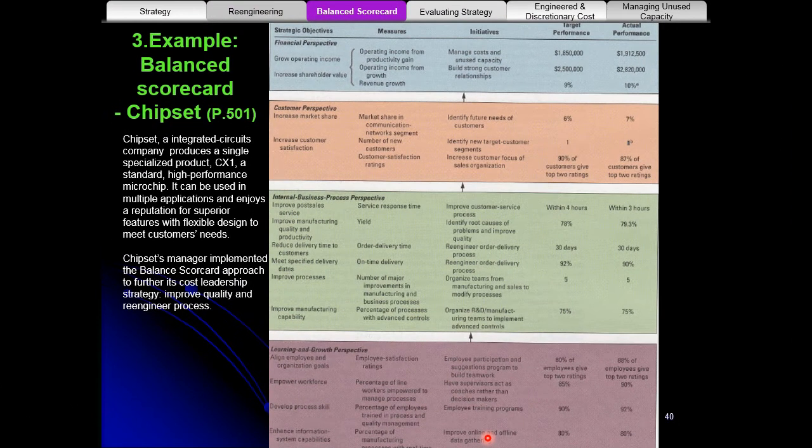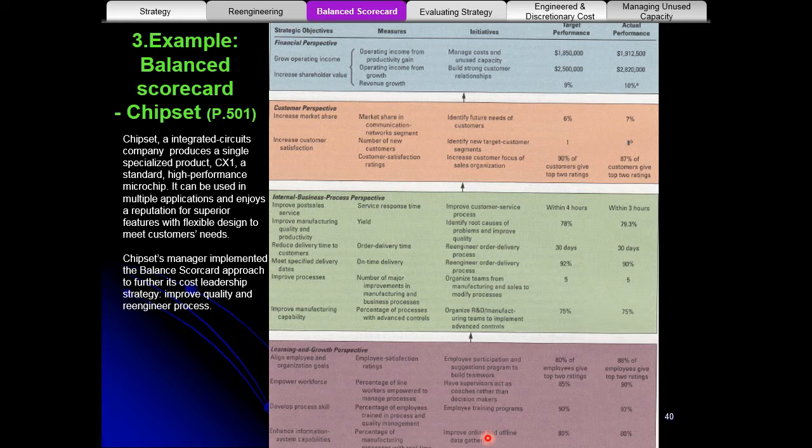Okay, let's have a look at Chipset. This is page 501. I believe it's edition 15 of the Horngren chapter. With Chipset, in the previous video, we visited Chipset, and Chipset had a low cost leadership strategy, and it prided itself on beating its competitors because it had a better price value ratio, and also it had better customer service than its competitor Visilog, which actually focused more on differentiation, customization, and having a faster chipset.